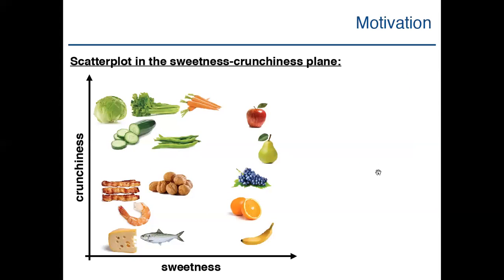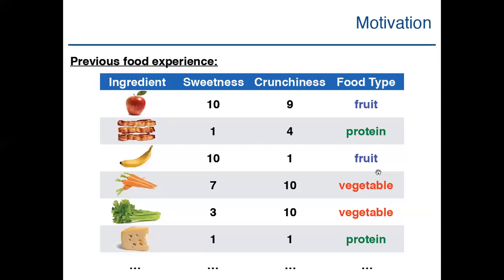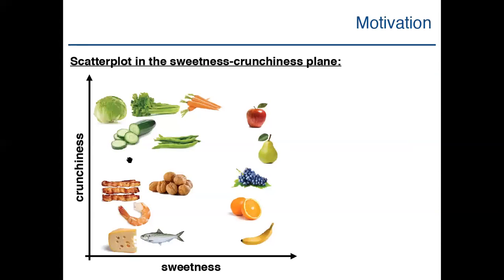So what you'll do is, अगर आपके पास सिर्फ वो दो variables होते, you have sweetness and crunchiness, जिसकी base पर आपने इसको classify करना है. What you could do is you could plot it on a Cartesian plane like this. आपके पास ये coordinate system है. You have crunchiness on one axis, you have sweetness on the other axis, and you simply plot all of those fruits based on their sweetness and crunchiness.